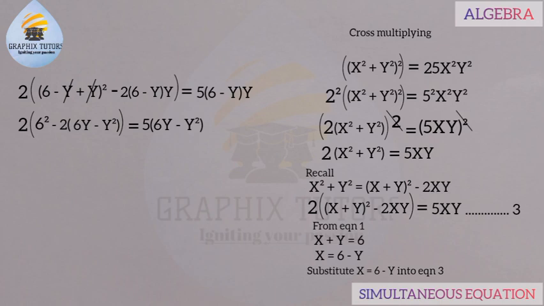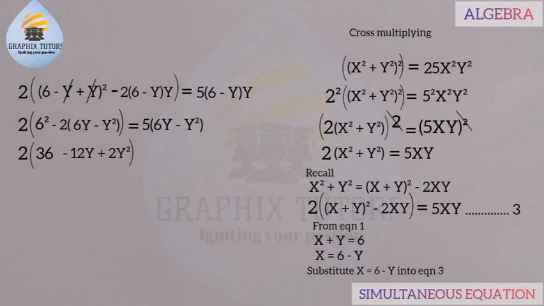Now to the next line, I'll be having 2 open bracket, 6 squared means 6 times 6, that is 36, minus 2 times 6y will give you minus 12y, minus 2 times minus y squared will give you plus 2y squared.